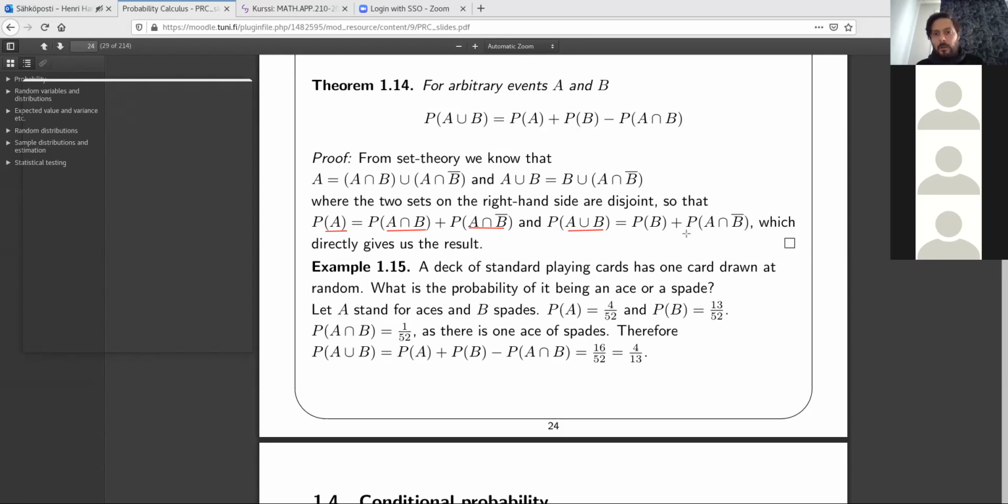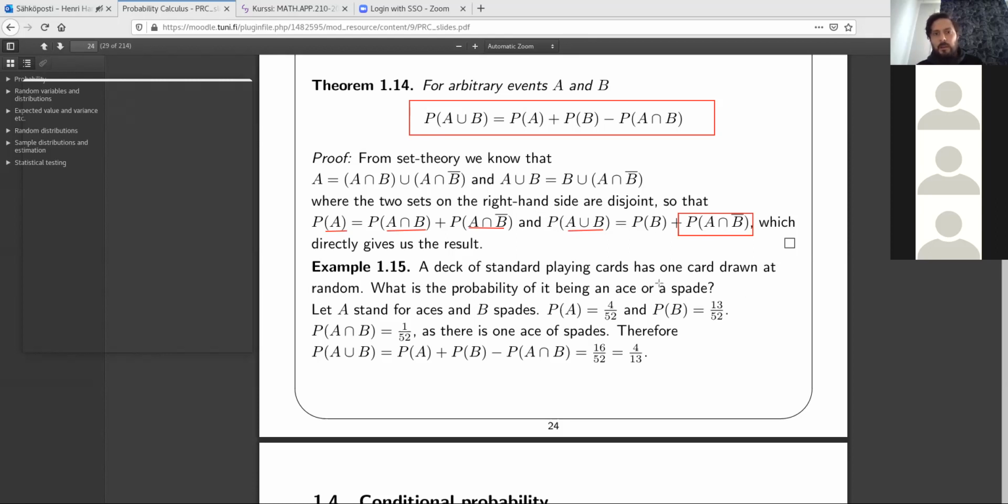And now we can replace this here by the probability of A minus the probability of A intersection B, and we get this formula here simply by rearranging the terms.